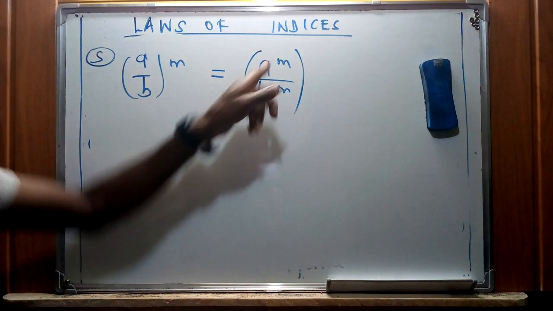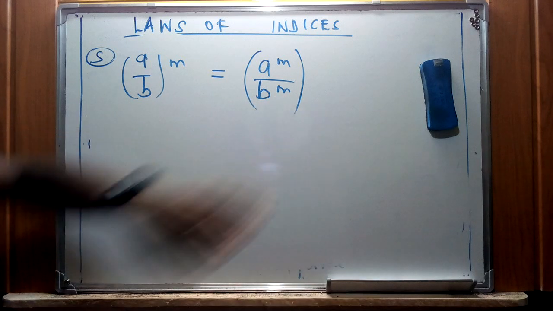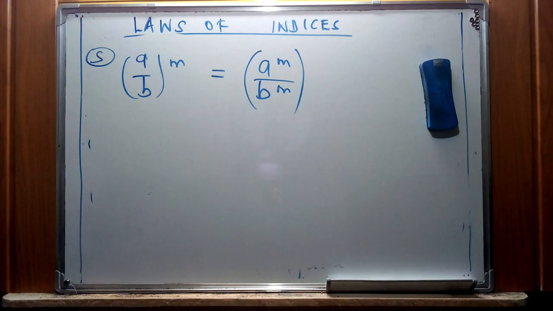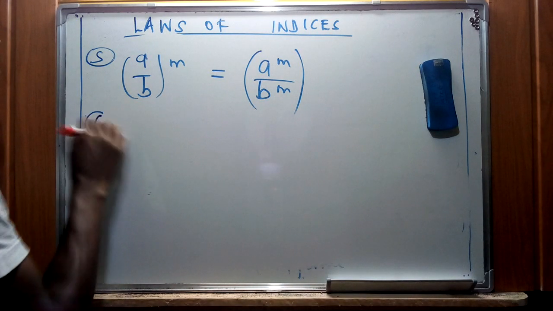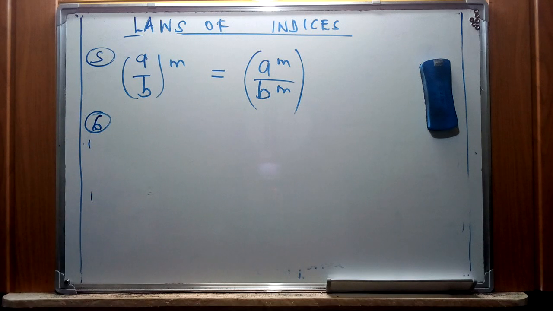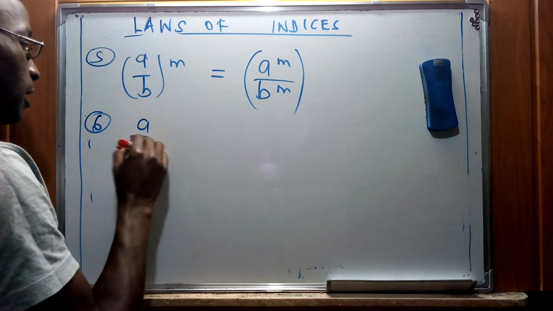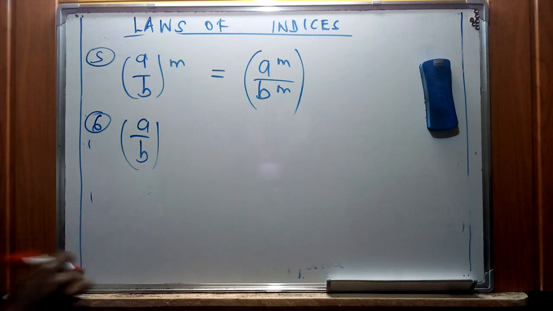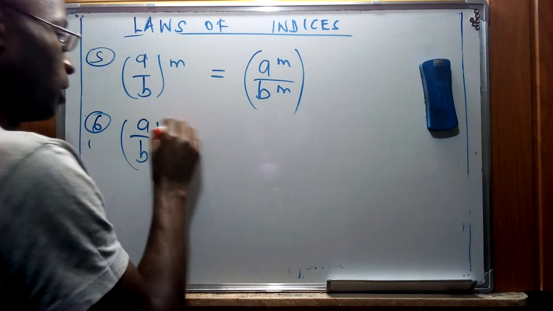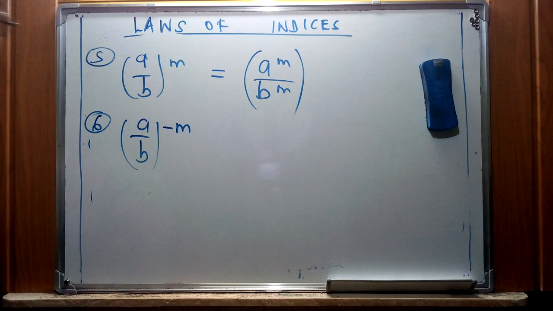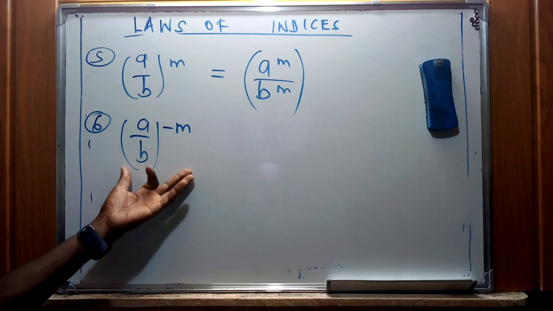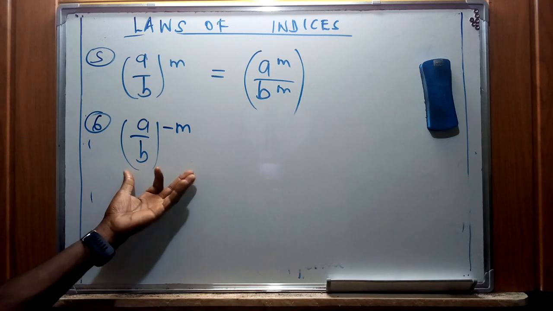So for that, a exponent m over b raised to m, and therefore we're going to have another one which is 6. Basically, if we have the same rational number which has been raised to a negative m, of course, for the normal numbers in one of our videos, we had said that this is an inverse multiplicative property.